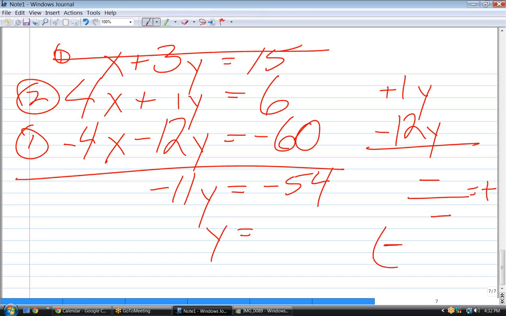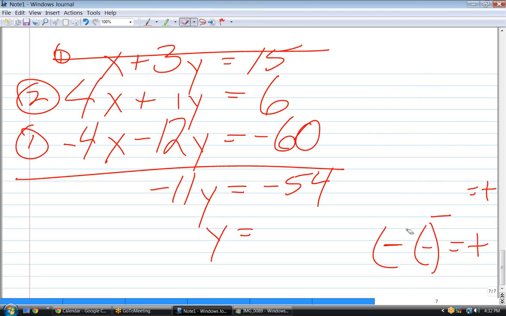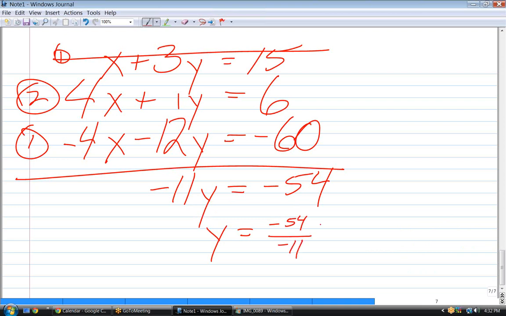Negative times negative is positive. So our answer is going to be positive. We're going to divide both sides by minus 11. So we get minus 54 divided by minus 11. That's the same thing as 54 elevenths. And that's the answer for y.